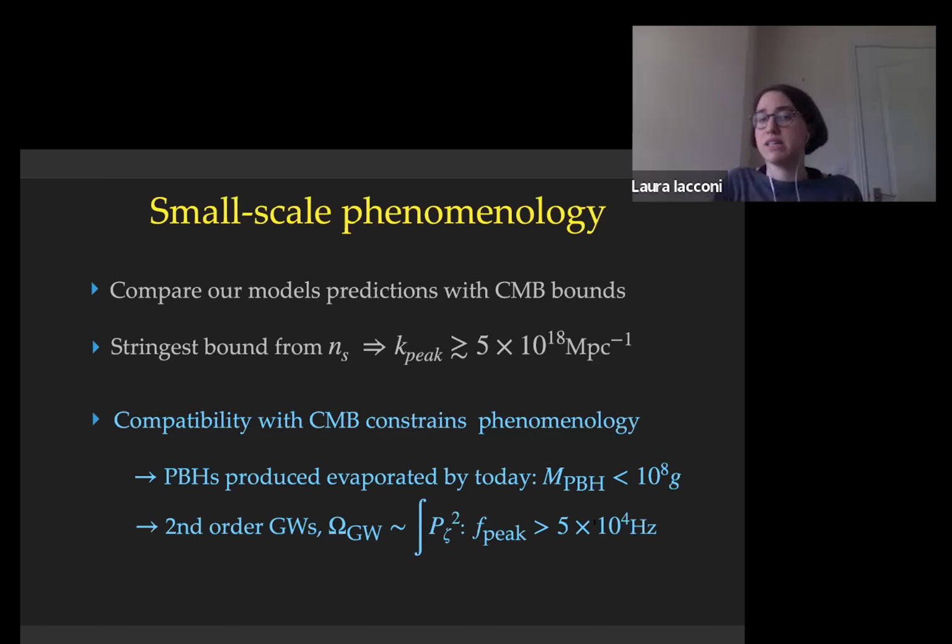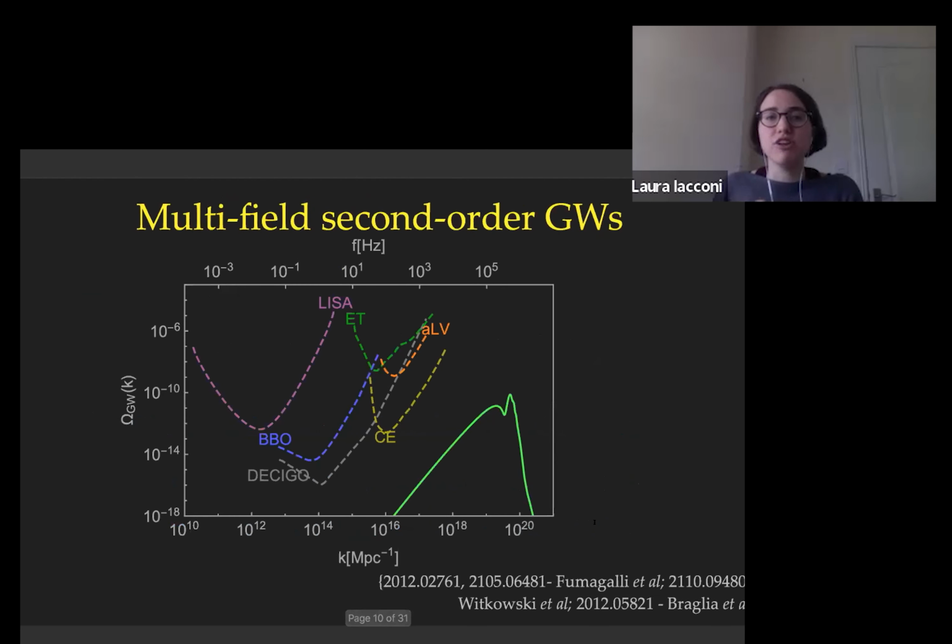Okay, so this is the main result of our paper. And if we take a look at the second-order gravitational waves produced within these models, we see the signal here plotted in green, together with the sensitivity curves of space and Earth-based gravitational wave observatories.